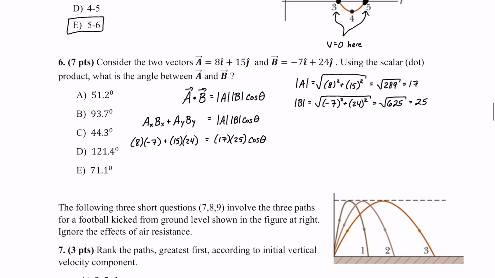Put all of this into a calculator to get 304 on the left-hand side and 425 cosine theta on the right-hand side, and then solve for theta using inverse cosine. Making sure our calculator is in degrees rather than radians, if we plug this in, we'd get an answer of 44.3 degrees, which is C.